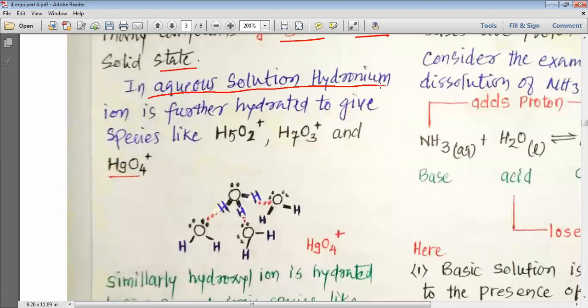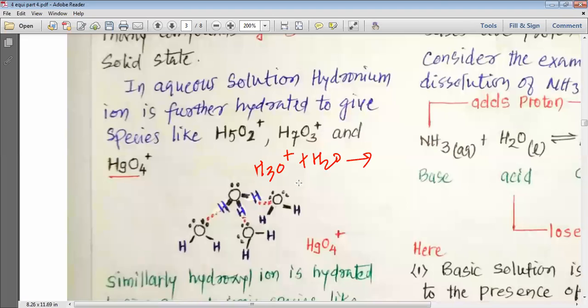In aqueous solution, the hydronium ion is further hydrated to give species like these, so the hydronium ion again reacts with water. For example, if you have H3O+ and you add water to it, now hydrogen will become 5, so H5O2+.